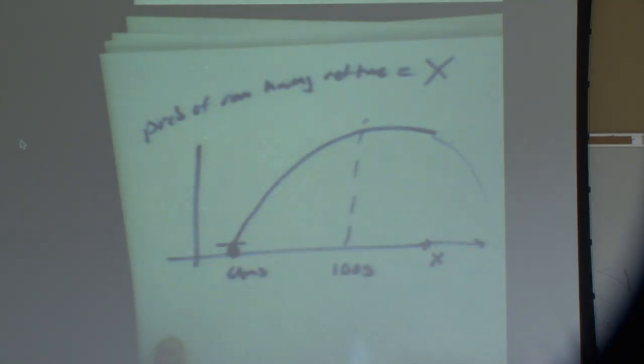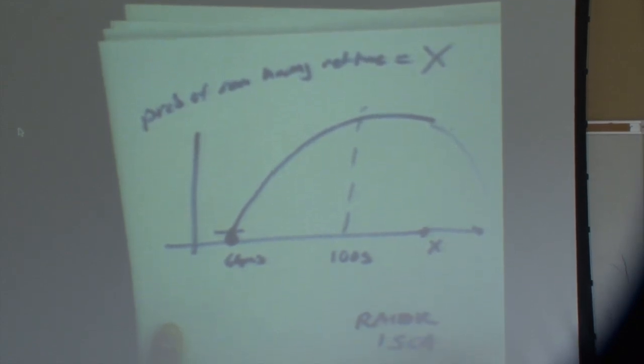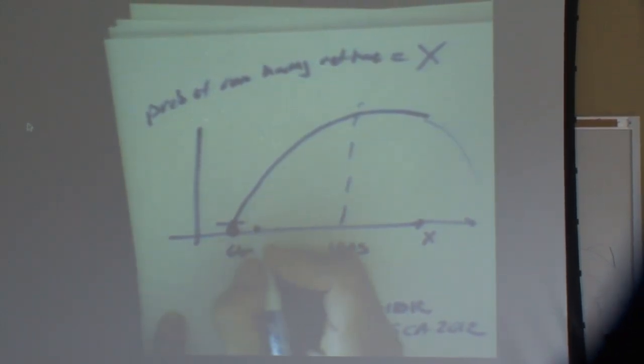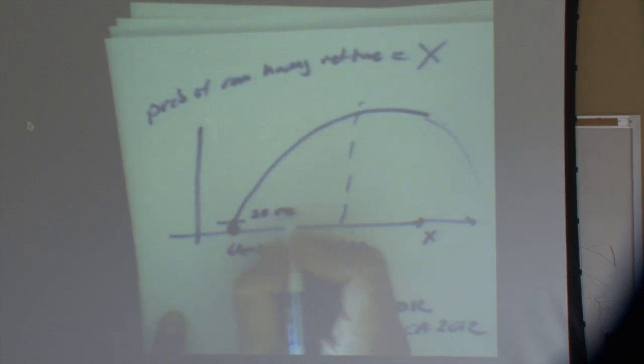In fact, if you look at the Rader paper at ISCA 2012, which will be covered in the lectures, there are about 30 rows over here that need to be refreshed every 64 milliseconds. Actually, every 128 milliseconds, I think.